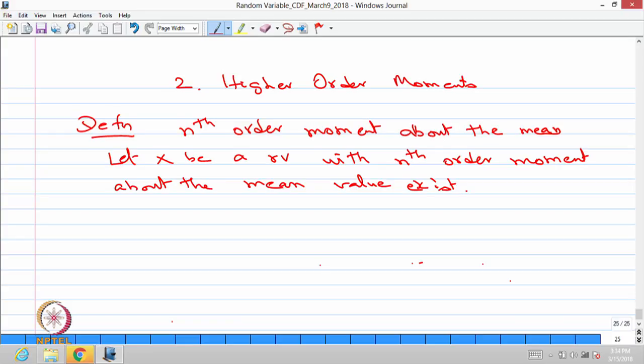Then one can define with the notation mu suffix n, that is nothing but expectation of x minus, the expectation of x is denoted by mu, that is mean, x minus mu power n, that is going to be the nth order moment about the mean.